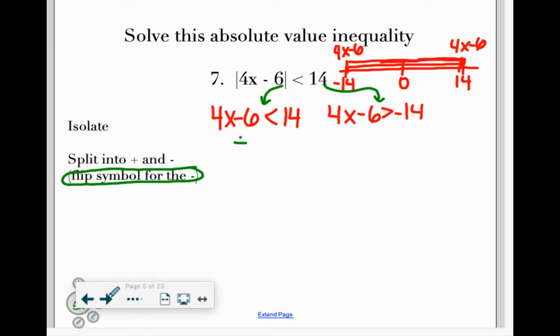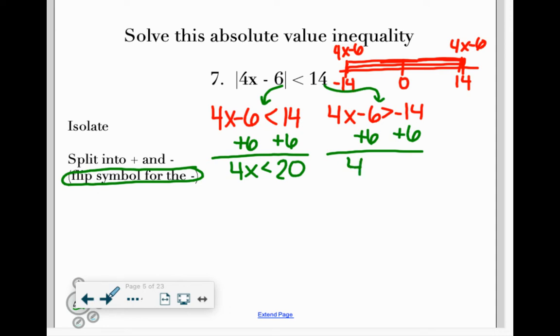Then for both of them, you're going to add 6 and divide by 4. And then you're dividing everything by 4. X is either less than 5, and it needs to also be greater than negative 2.